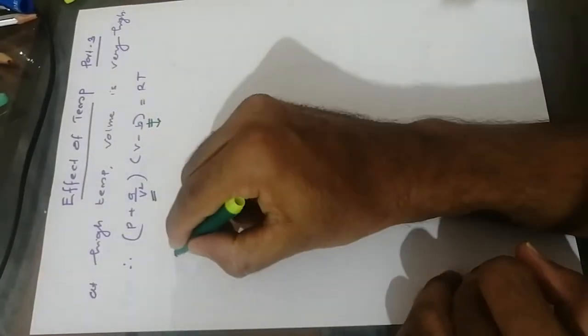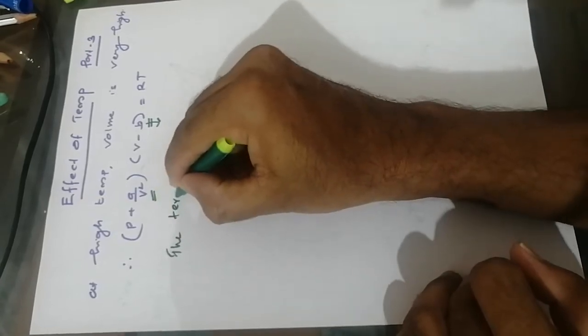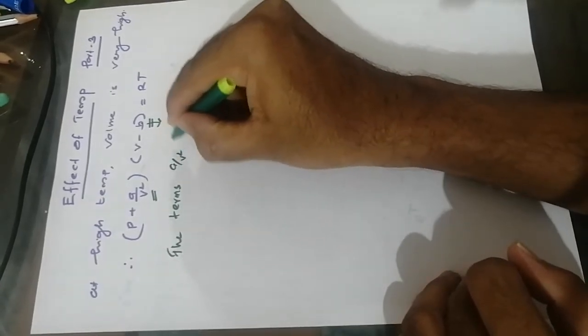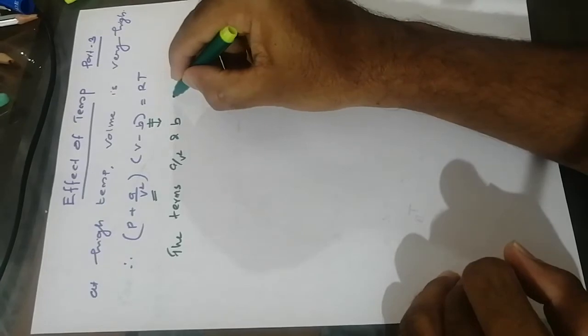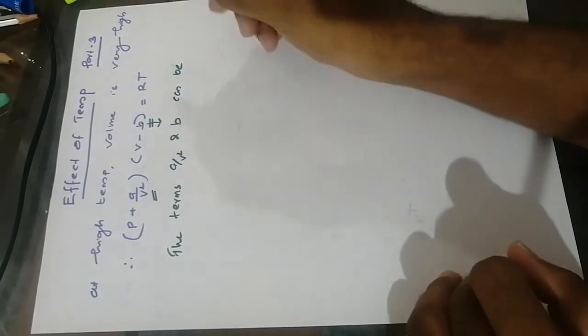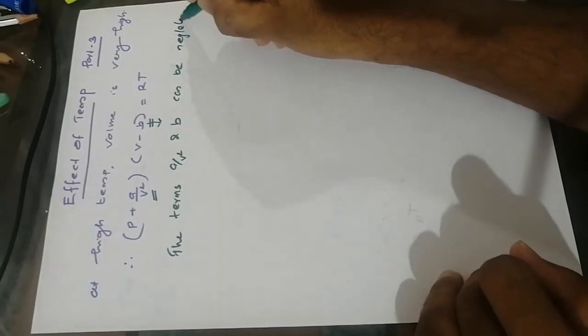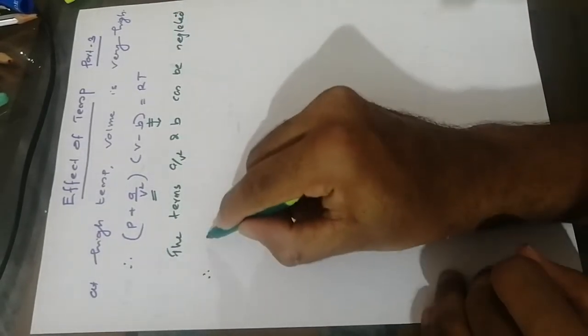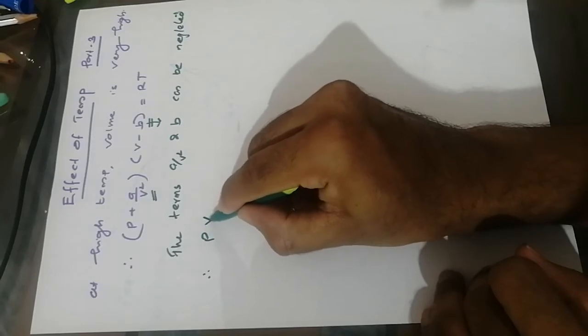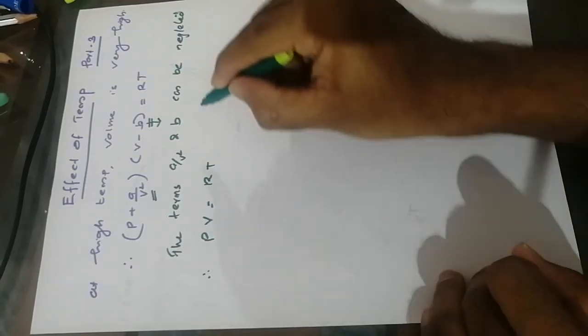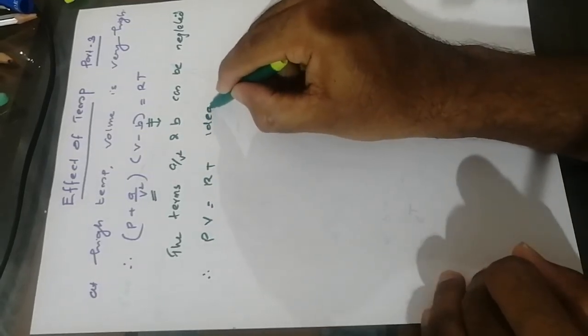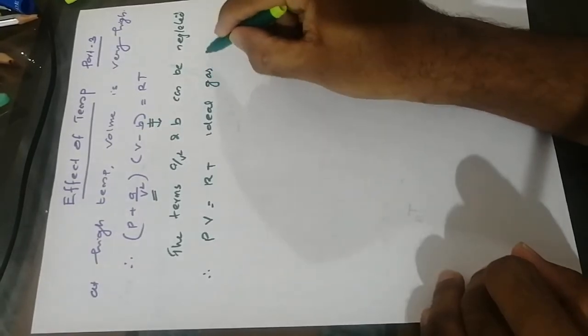Therefore, the volume of the gas, this V, becomes very high, and the terms a by V square and b can be neglected. Therefore, the resulting equation is PV = RT. That's the ideal gas equation.